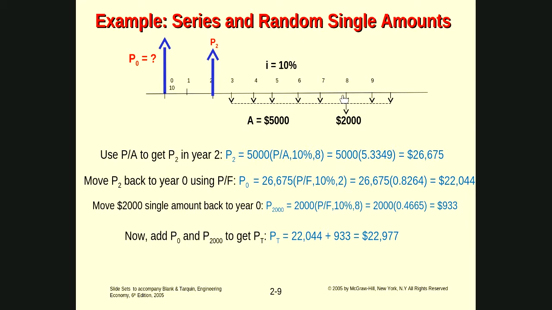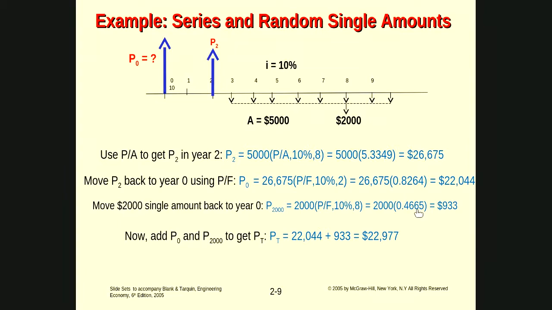Yes, Hazim? It's a good question. Why do we have to find it at 0? Because the question says he wants it at year 0. It could be the question asking to find it at year 2. So all you have to do is just stop here. You don't have to convert this section, you don't need it. Then you add the 26,000 to the 9.